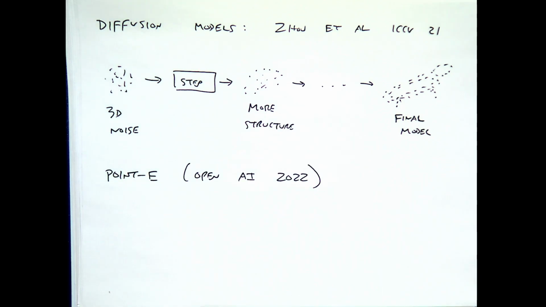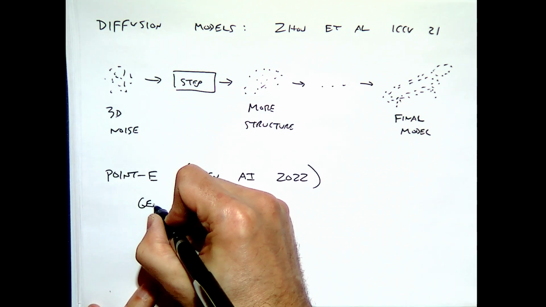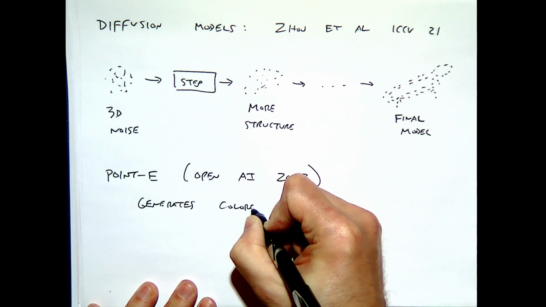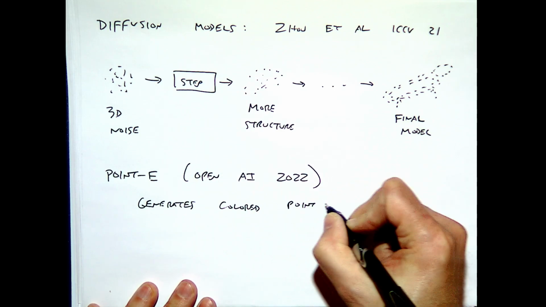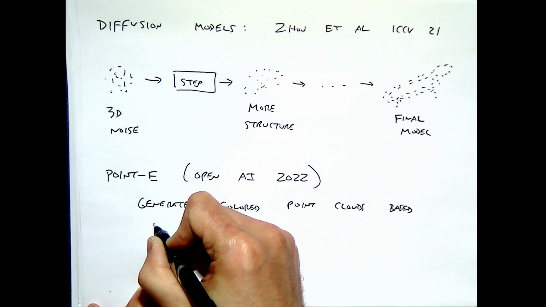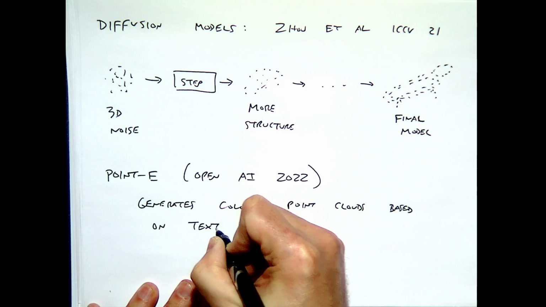And this was a pretty cool system that was able to generate point clouds that were not only point clouds, but also colored point clouds based on text prompts.